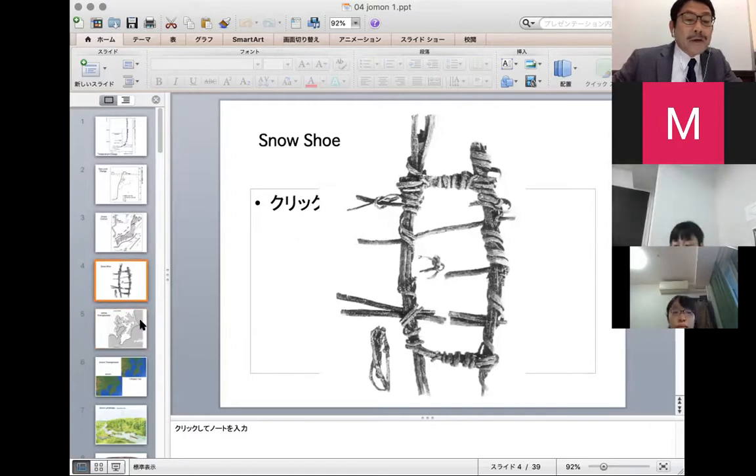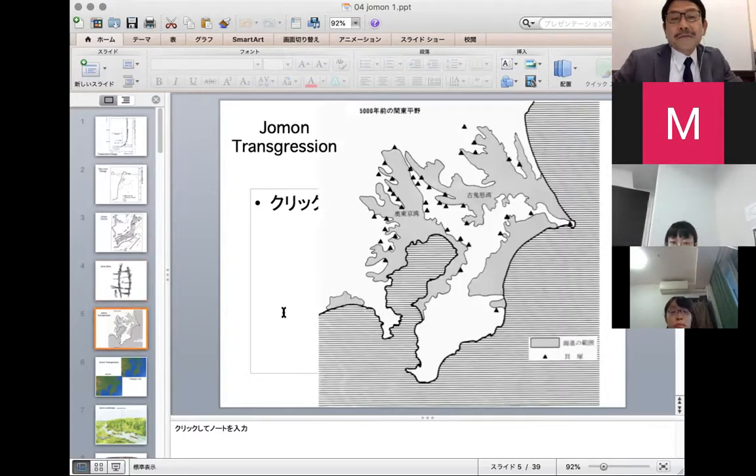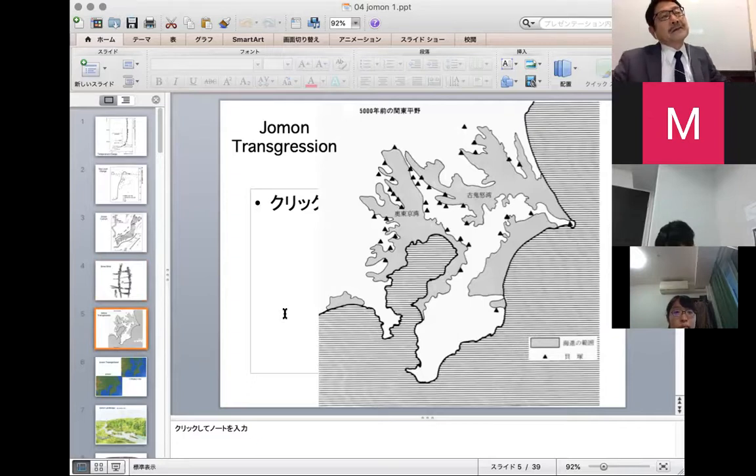And also the rise of the ocean resulted in big changes, especially in the Kanto region close to Tokyo. The Kanto plain is a very specific area in all of Japan because you can see a gentle slope in a vast area.